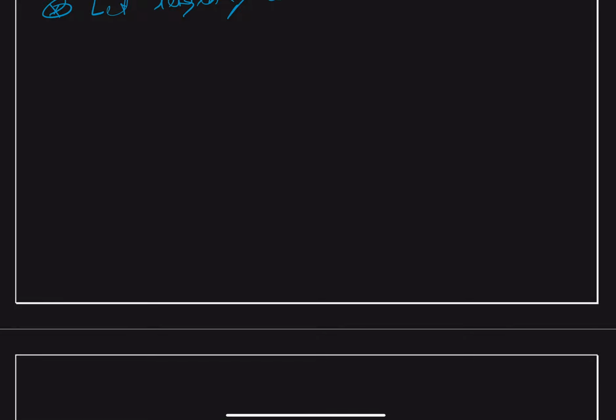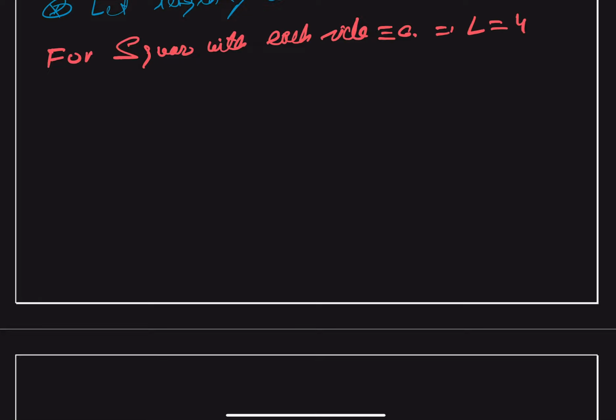Let us say that length of wire is equal to L. Therefore, for square with each side A, each side as A, therefore we can write our L is equal to 4 times A. That is our perimeter.